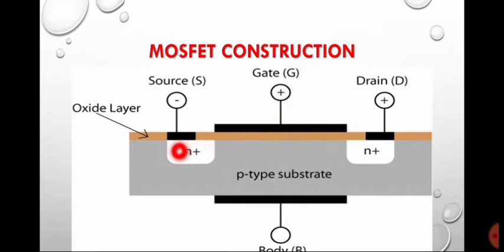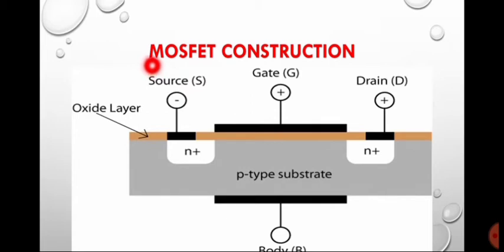Now see again, both N type materials are drilled, and one terminal is taken outside, and this is known as source. Again, from this N type material the drill is there and one terminal is taken out, and that is known as drain. So you just carefully observe why we call it MOSFET.